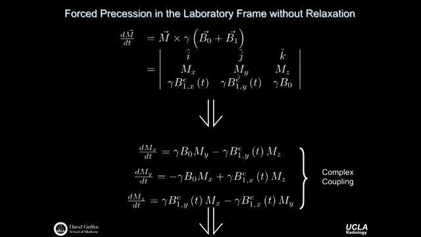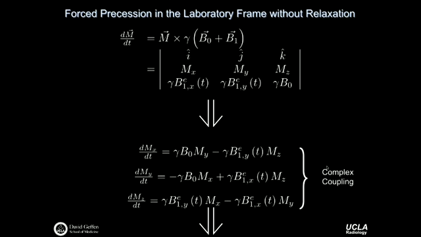I have to multiply my on gamma B0. That gives me my first term here. And then it's minus something like gamma B1 envelope function of time times mz. And that gives me this second function here. Is this determinant operator familiar for everyone? Okay. And so all I've done is written out what these individual differential expressions will end up looking like.